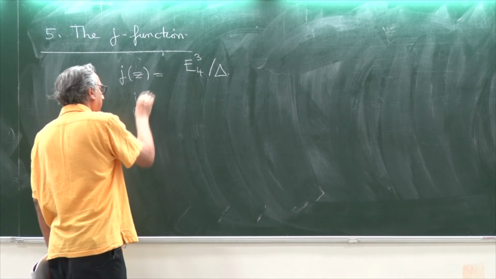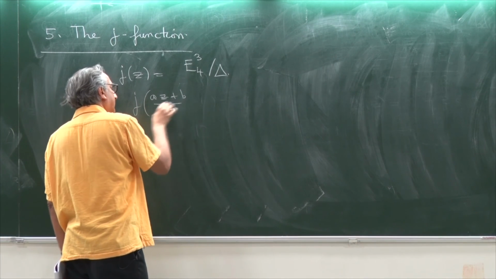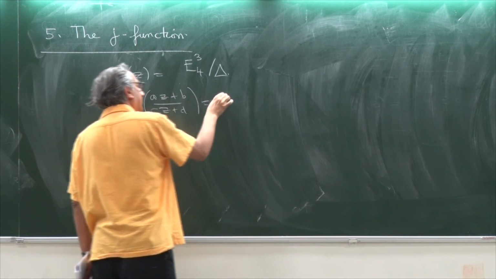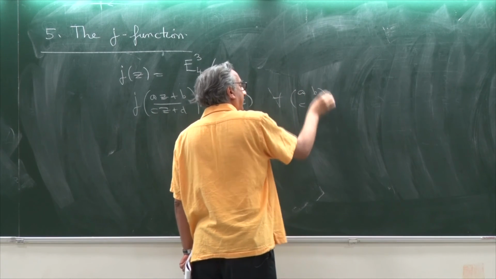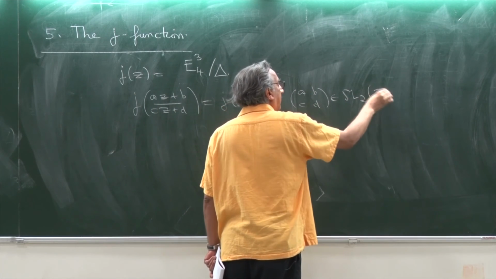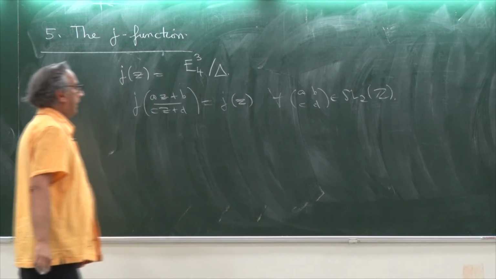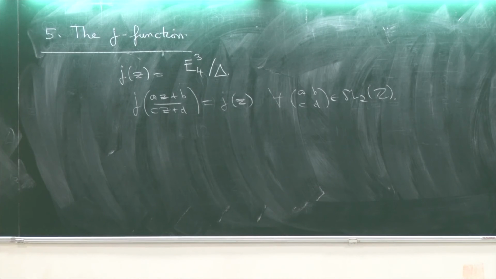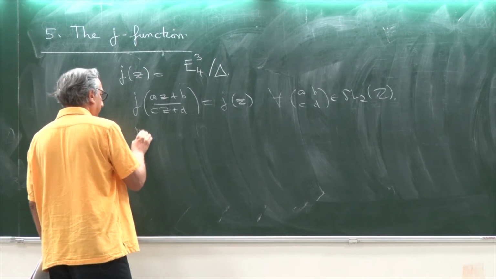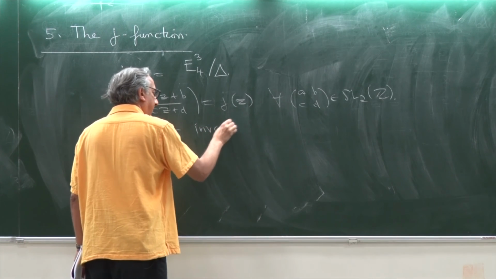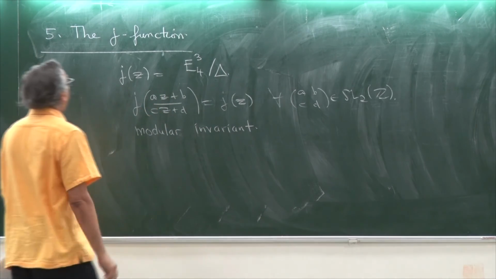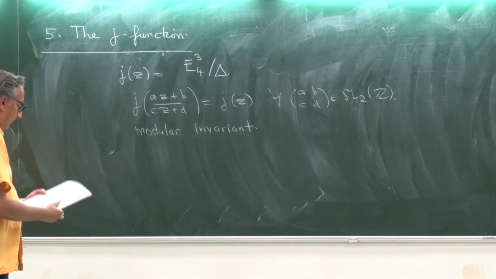So J of (az plus b) over (cz plus d) is equal to J of z for all a, b, c, d in SL2(Z). In other words, it's really a function on the fundamental domain, because any 2 points which are equivalent have the same J value. And that's why this is called the modular invariant.